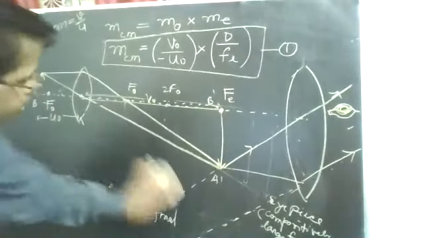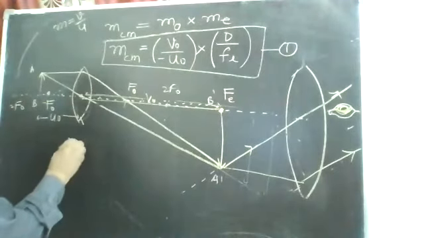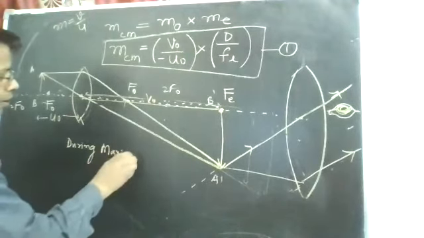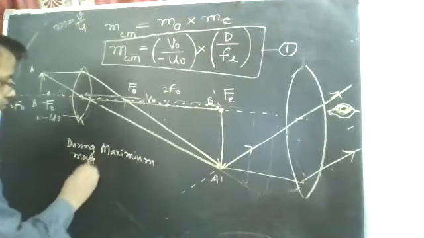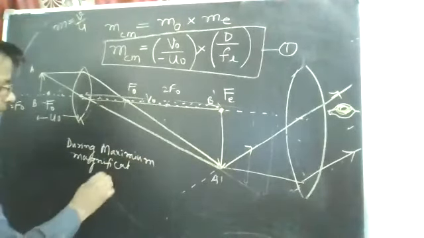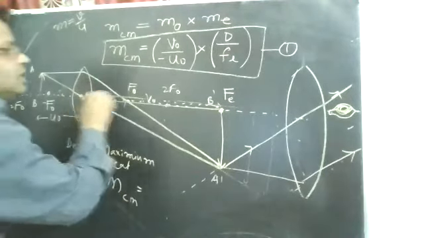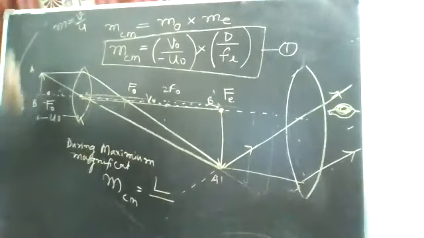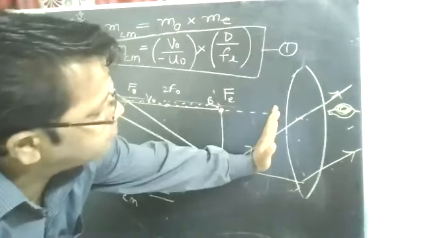During maximum magnification, the magnification formula of the compound microscope becomes: image distance equals the length of the compound microscope, because when we move this object closer to F, the image moves away and forms just close to the eyepiece.